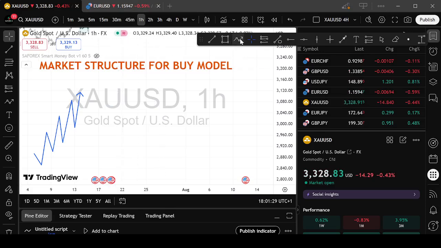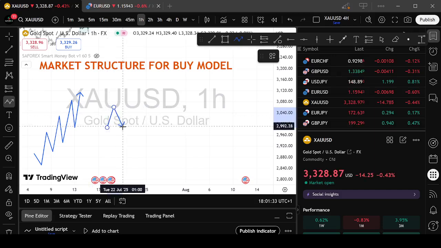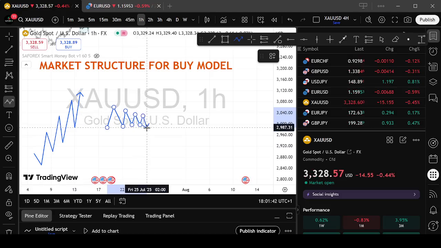What I mean is the market can be doing something like this, slowly, like it's going down, but the down is very, very slow.